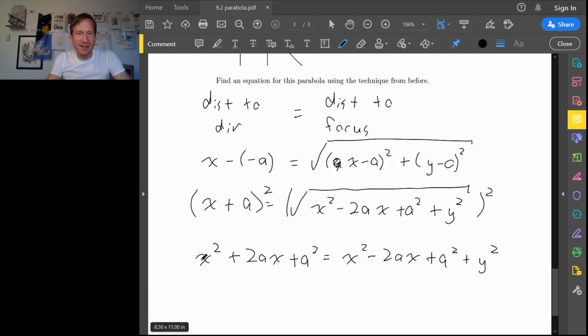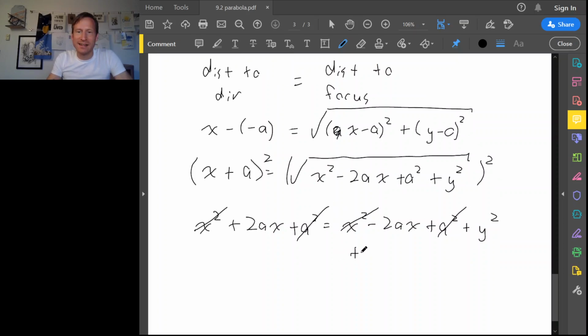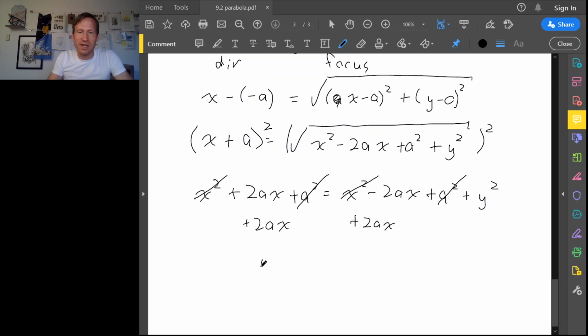Okay, now simplifying, subtract x squared from both sides, these are gone. Subtract a squared from both sides, those are gone. And now we can add 2ax to both sides, and we get 4ax equals y squared.